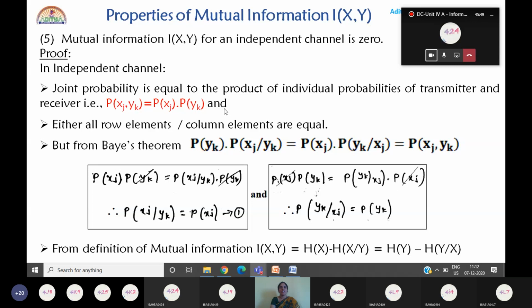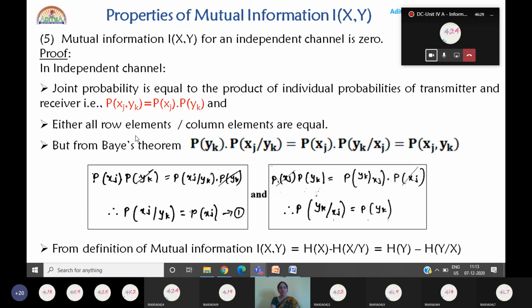This is the first condition, and the second condition of an independent channel is that either all row elements or all column elements are equal. So if you consider the first row, the elements are 2, 3, 1. The second row elements should be either 3, 1, 2 or 2, 3, 1 or 1, 3, 2, but the elements should be the same. And the third row should be 1, 3, 2.